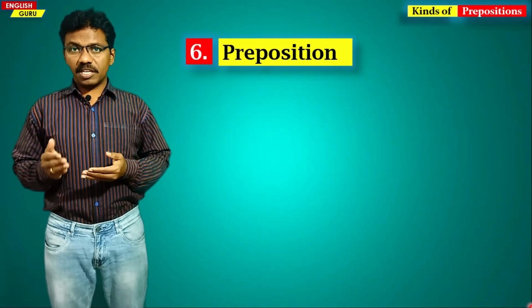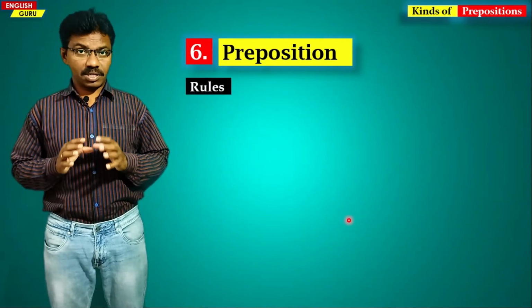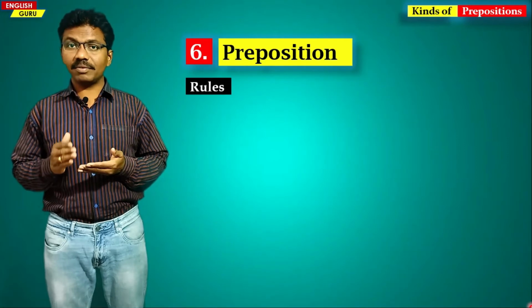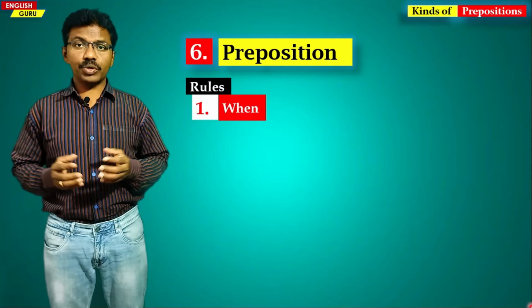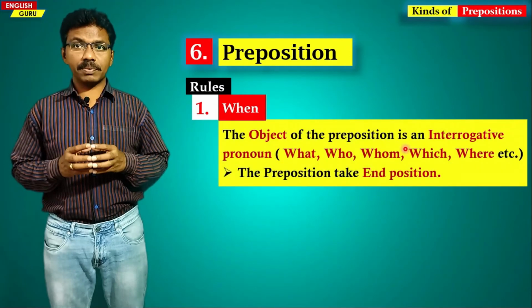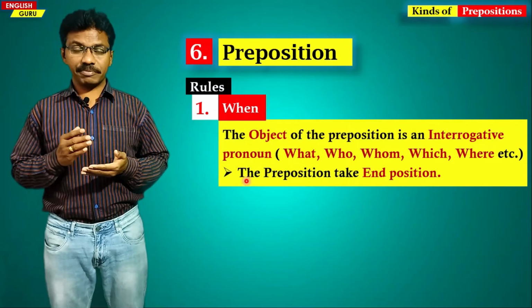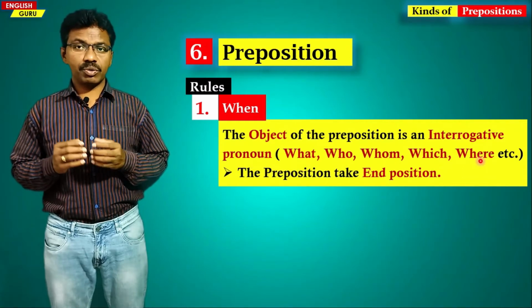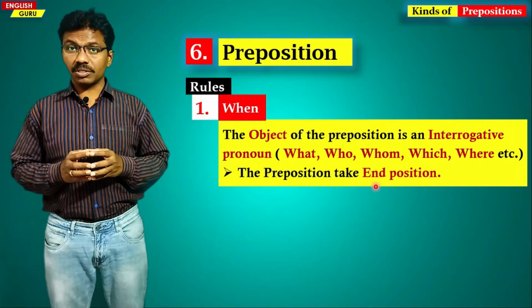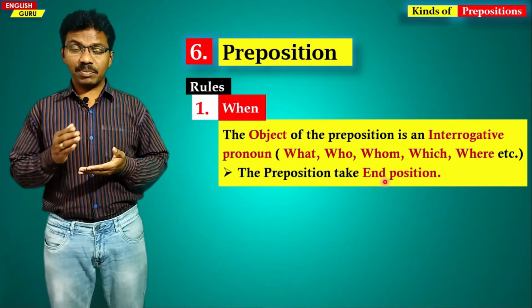Prepositions are normally placed before a noun or a pronoun, but sometimes they are placed at the end of a sentence. And there are certain rules about this. The first one is when the object of the preposition is an interrogative pronoun like what, who, whom, which, where, the preposition always takes the end position.